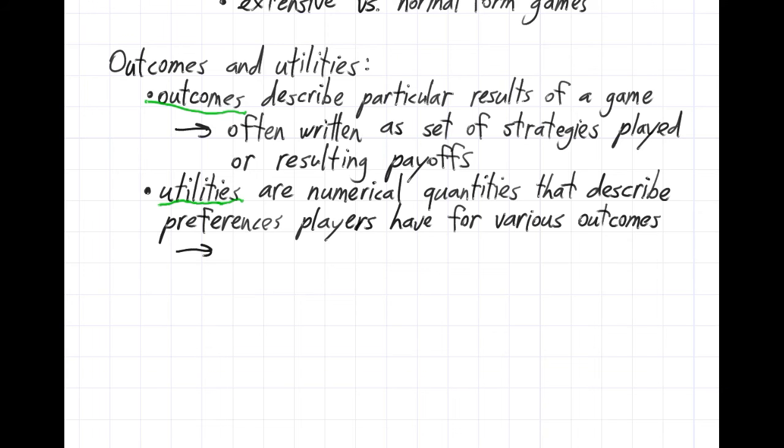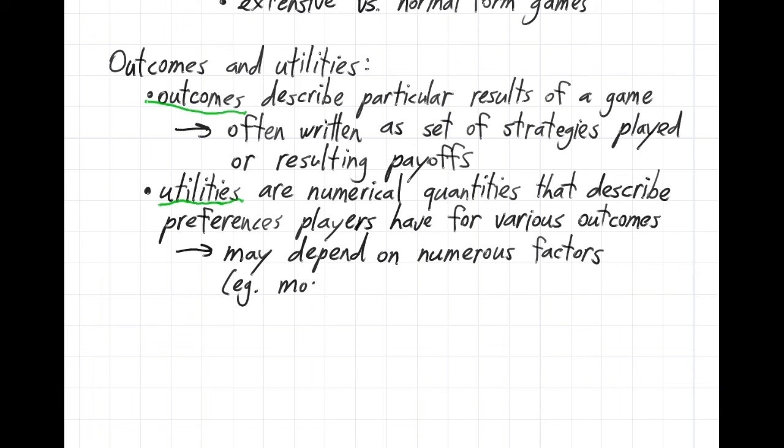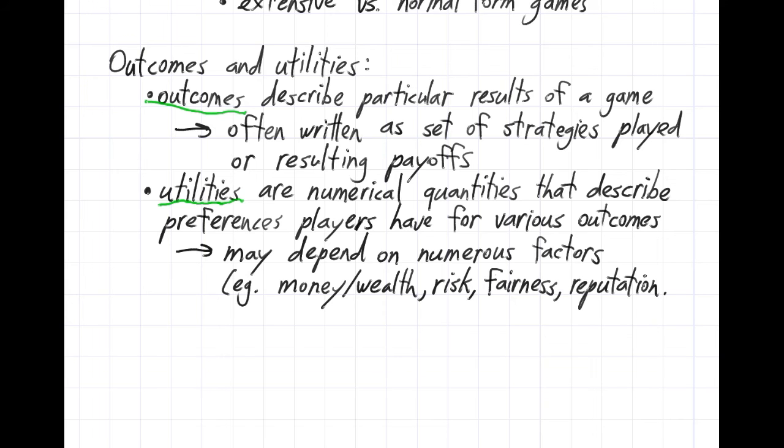Always, we can expect utilities to depend on the details of the player. So they can depend on things like money or wealth, risk or risk preferences, the fairness of the situation, the reputation of the player, or even things like how hungry the player is, or other things.